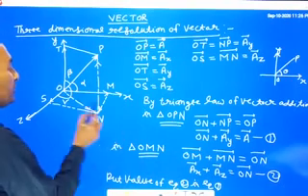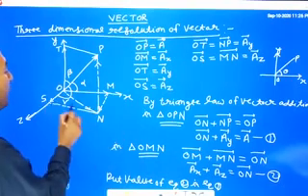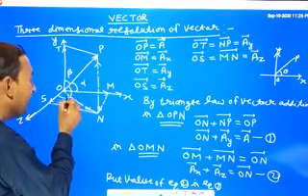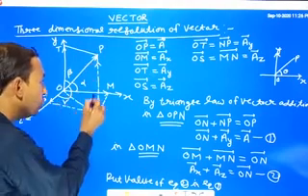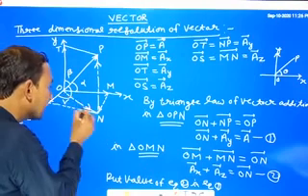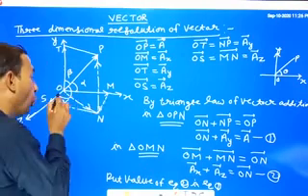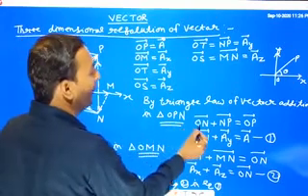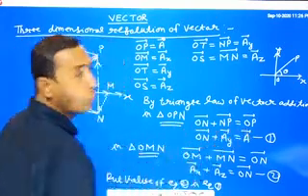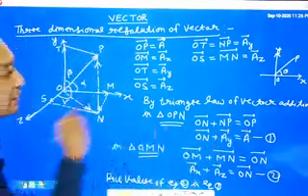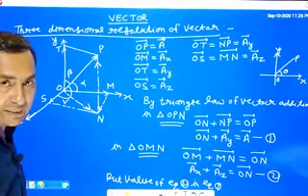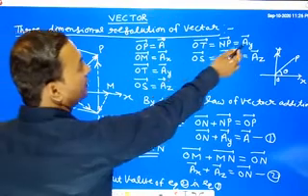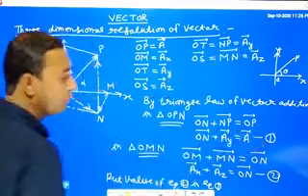In triangle OPN, ON and NP are in the same order. You see these arrows, this side and this side. So ON plus NP equals OP. And we know OP is the vector A. What is NP? NP is the Ay vector. So this is equation number 1.